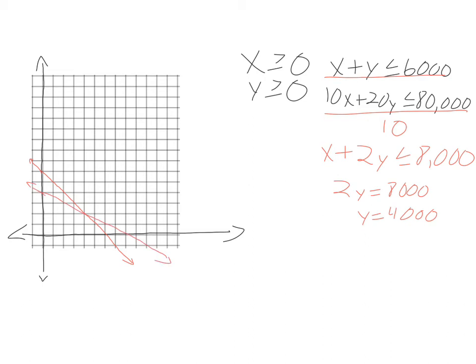And so this is what this graph looks like. Now, I'm going to go ahead and fill in the other part of it. Basically, this region that I've shaded in here is my feasible region. Anywhere in there is what is doable under our current circumstances.